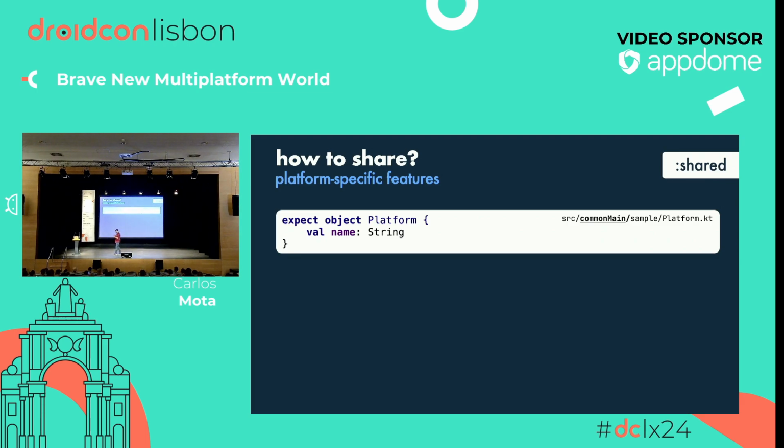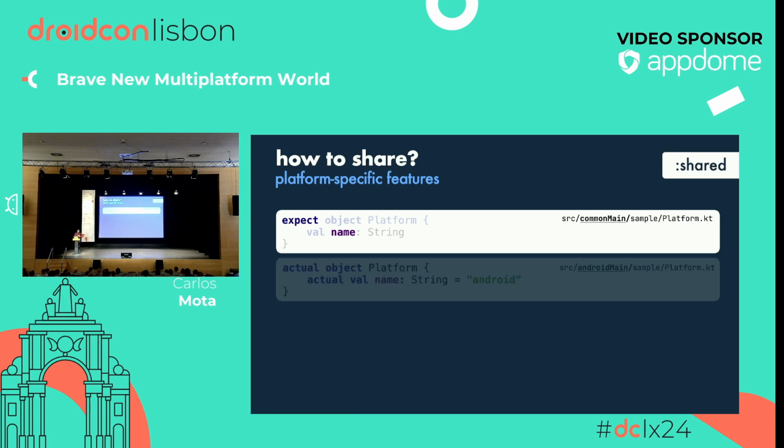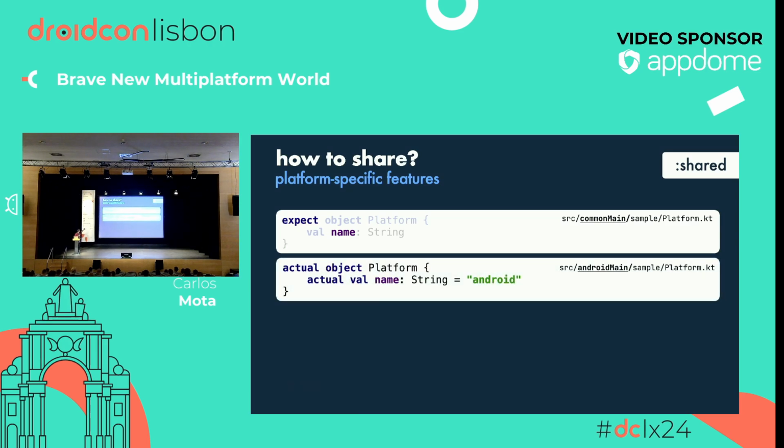The way that we have to do this is we're going to use the keyword expect, and we're going to define this in a folder called commonMain. CommonMain, there on top, is where your source code exists. All your code now is inside the folder commonMain. Next, since we're targeting Android, iOS, and desktop, we expect someone to define name.